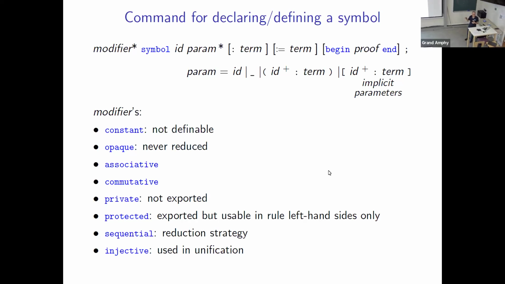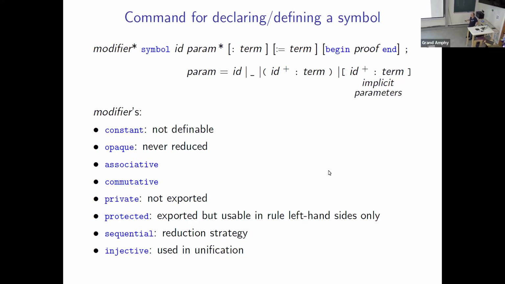Until now, I just talked about lambda calculus and dependent types. I didn't explain how we can represent propositions and proofs. We are going to see. And the definition can be given by a term, or it can be defined interactively by providing a proof script.